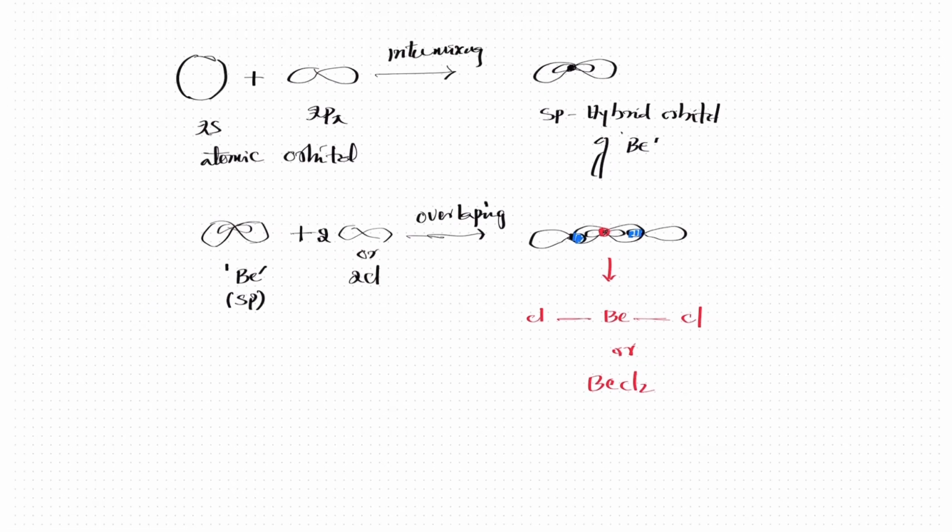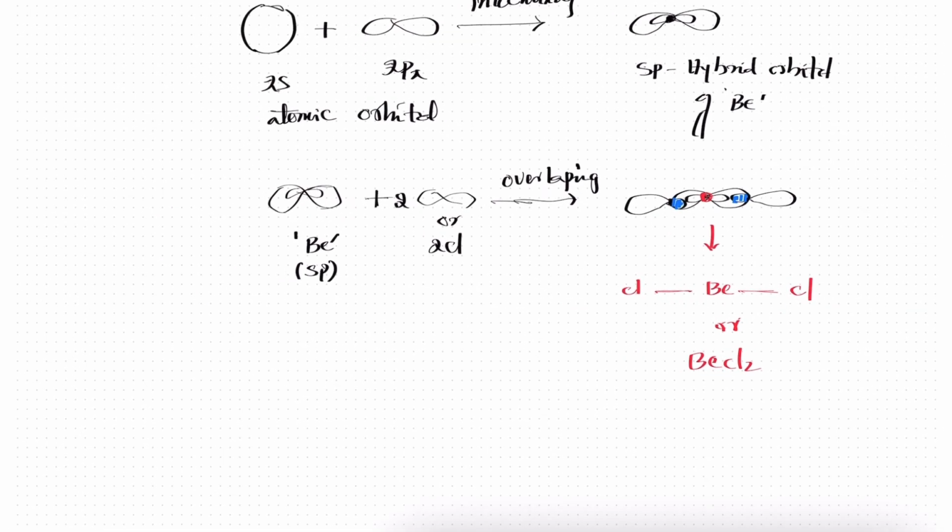Now what types of bonds do these hybrids contain? We'll discuss now. The shape of beryllium chloride is linear.